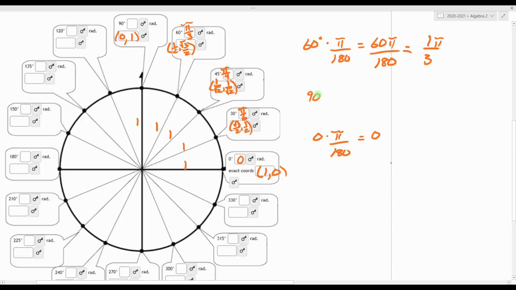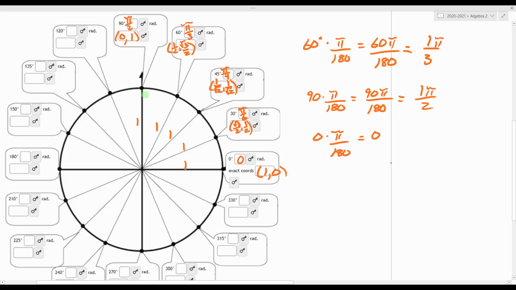Let's do 90 degrees times pi over 180, right? So you get 90 pi over 180, which is going to reduce to 90 over 180 is 1 over 2, right? It's half of 180, so we'd say 1 over 2, and then put the pi back in the top. Okay, so you can just say pi over 2.